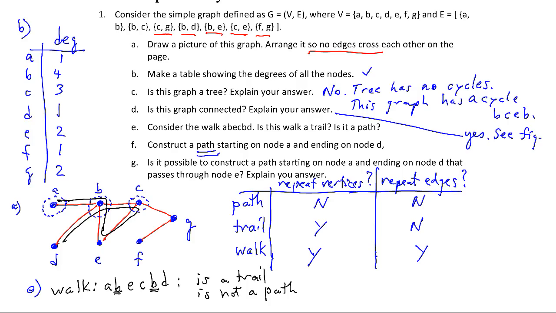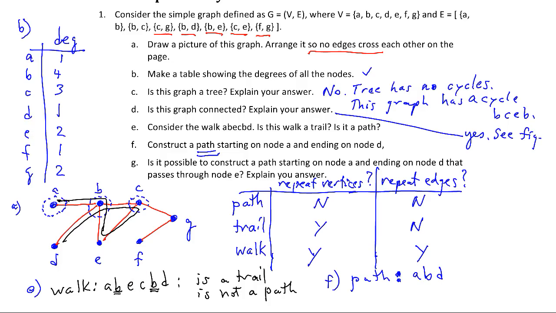For part F, I want to construct a path starting from A and ending on D. A path can't repeat vertices, so there's only one way of making this path, which is A, B, D. I can't go past B to either C or E, because in order to get back to D, I would have to go back through node B again, and then it wouldn't be a path. It would be a trail, maybe, but not a path.